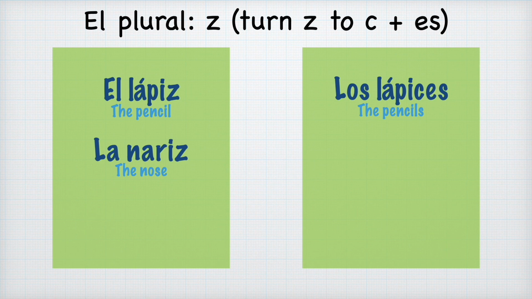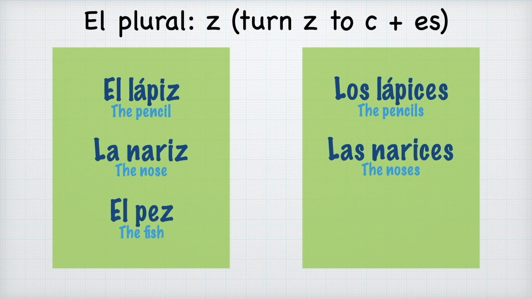Another example is la nariz. To make it plural, we're going to replace z with c and add es. And it turns into las narices. And then we have el pez. And this one turns into los peces.